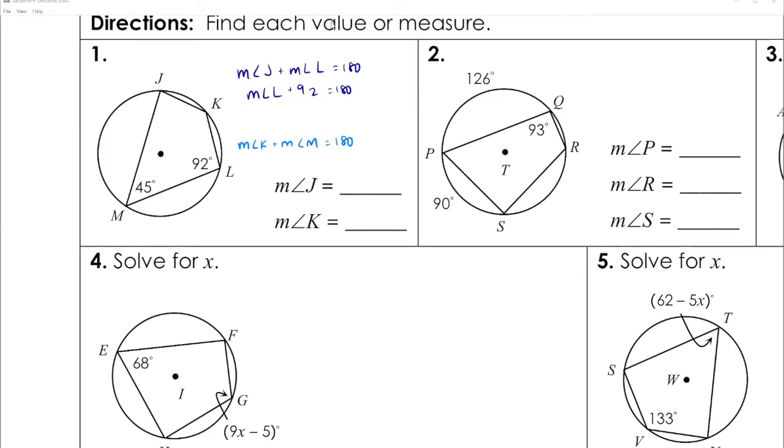So to get J, said J, wrote L, good job. We're just going to subtract 92 from both sides, and we find J to be 88. Same thing for the other sides. We know M is 45. So to find K, we're going to subtract 45, and we find out K is 135.